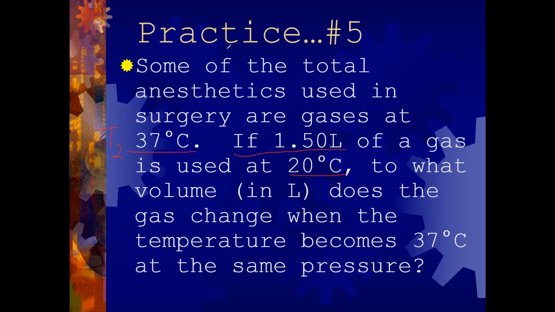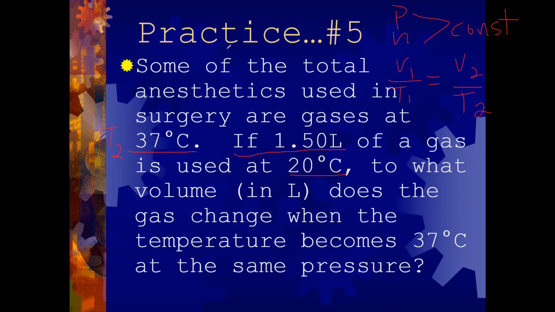At the same pressure. So the pressure and the number of moles are held constant. So these are the two. That means this is Charles' law. And Charles' law, remember, there's no P. It is V1 over T1 is equal to V2 over T2.